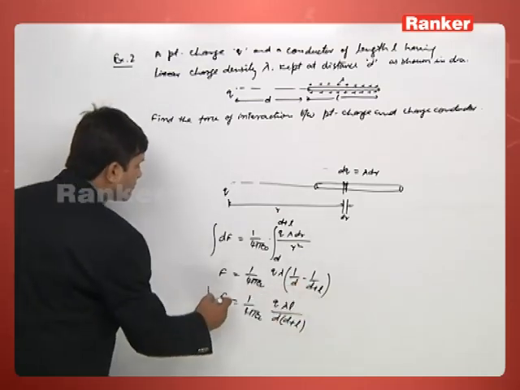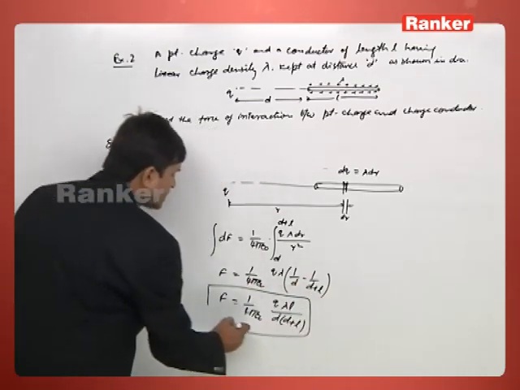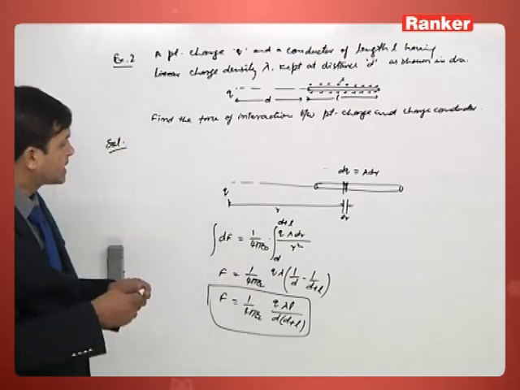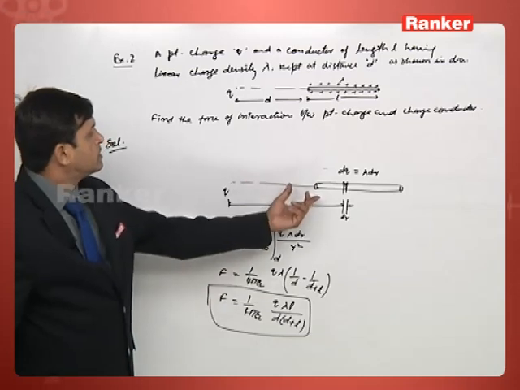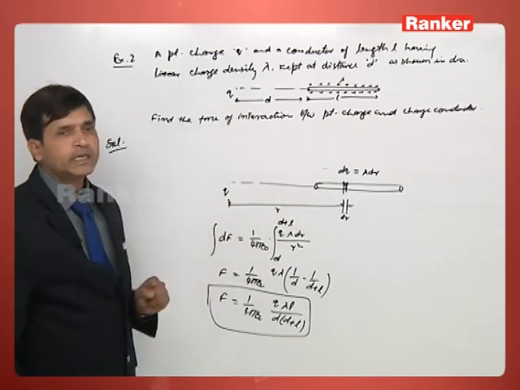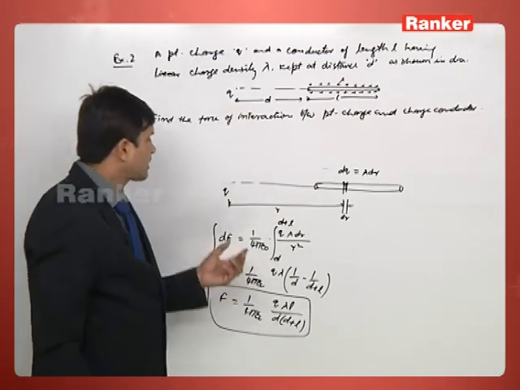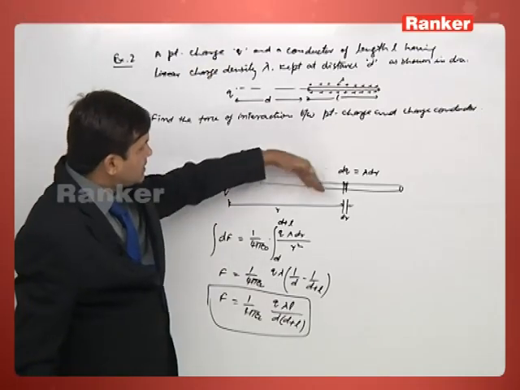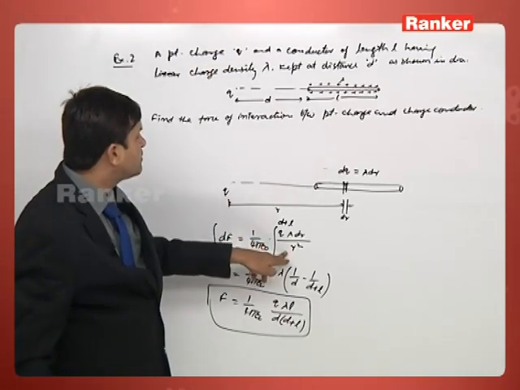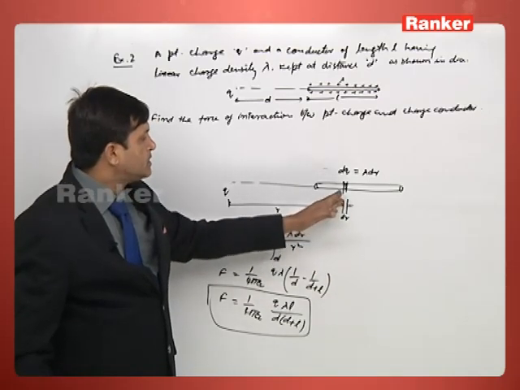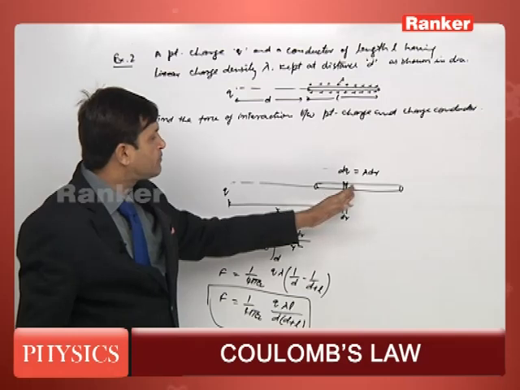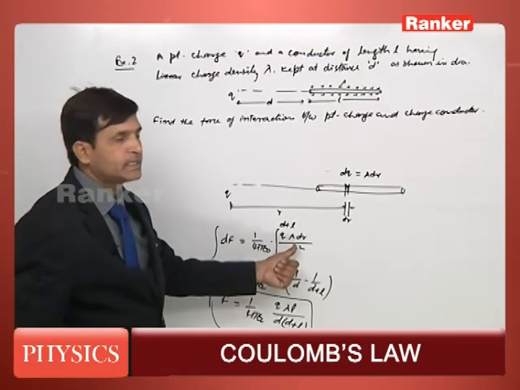This is the force between a rod having linear charge density lambda and a particle, where the separation between the rod and the particle is d. So here integration means unknowingly we are actually using the principle of superposition. Since the directions of force are the same, we can directly integrate.